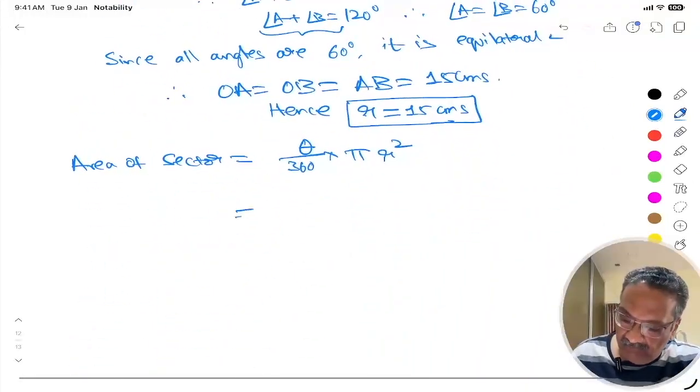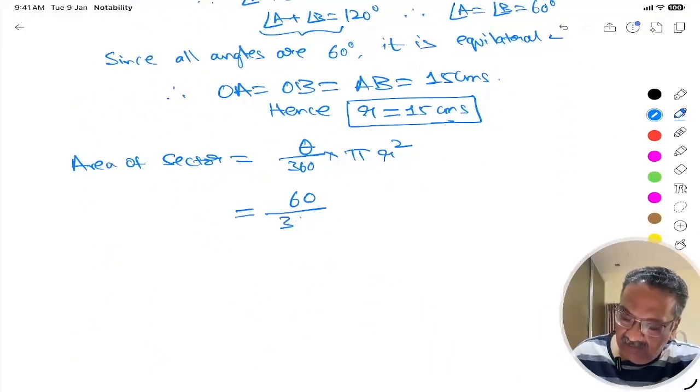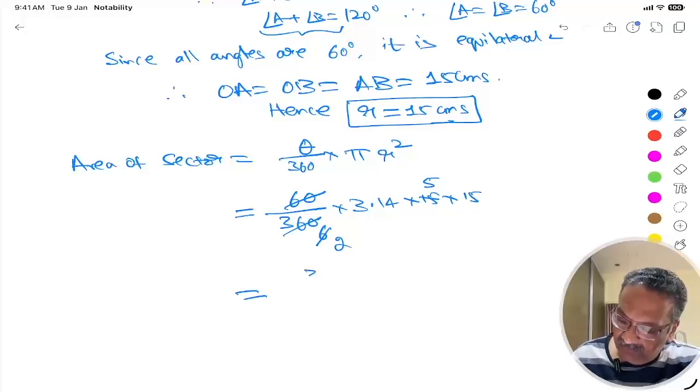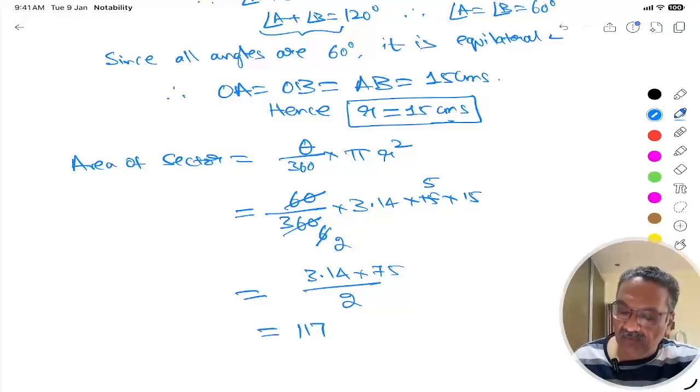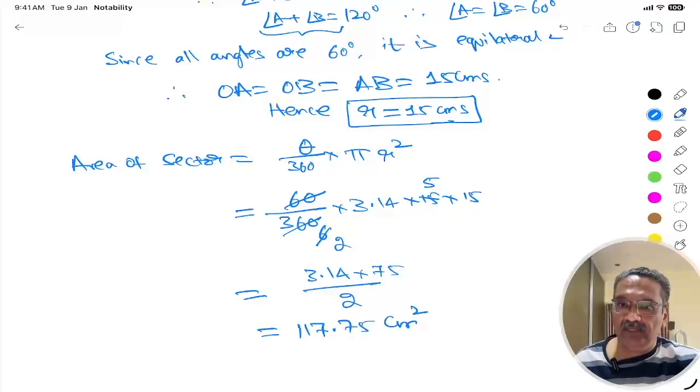So this becomes 60 by 360 into 3.14 into 15 into 15. 6 ones are 6, 6 2s are 3, 3 5s are 75. So we have got 3.14 into 75 by 2. This will be equal to 117.75 centimeter square. Okay.